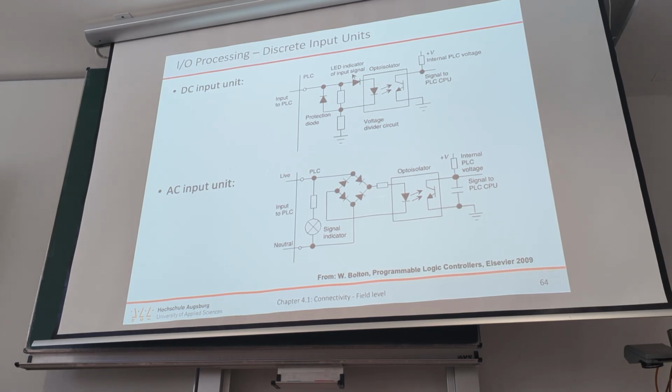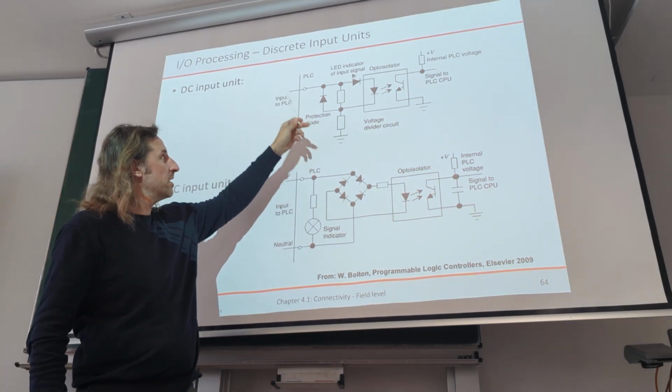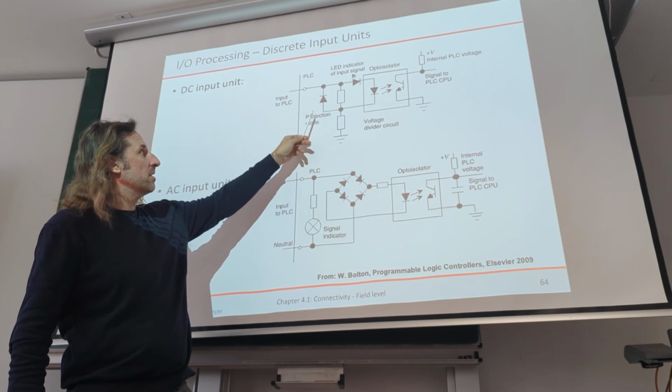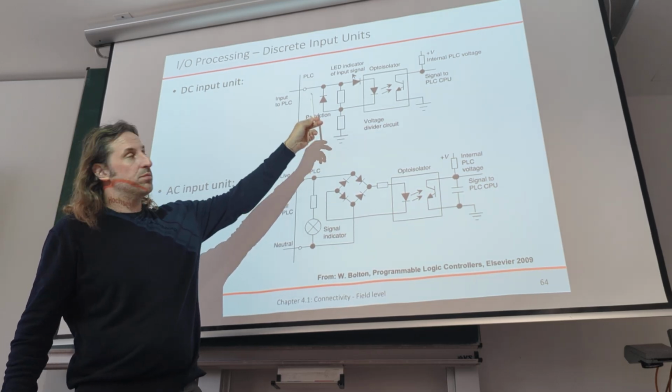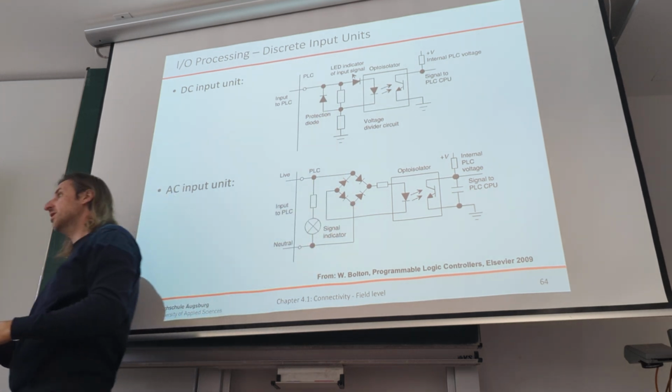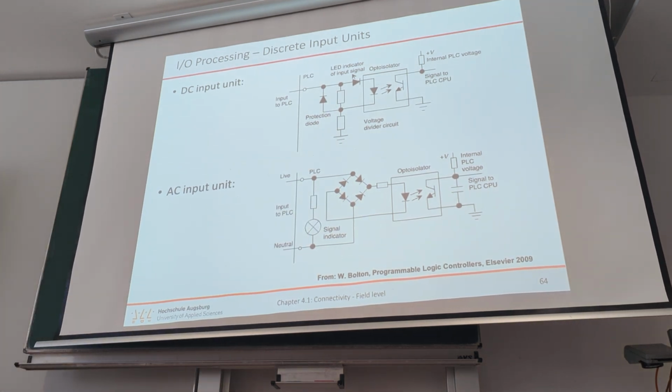Looking at the input of a PLC, somehow it's basically the same as you would see on a microcontroller. The only thing is that you have more protection circuits. So we have the external signal coming to the PLC, and then there's a protective diode preventing that you get too much voltage into the system.